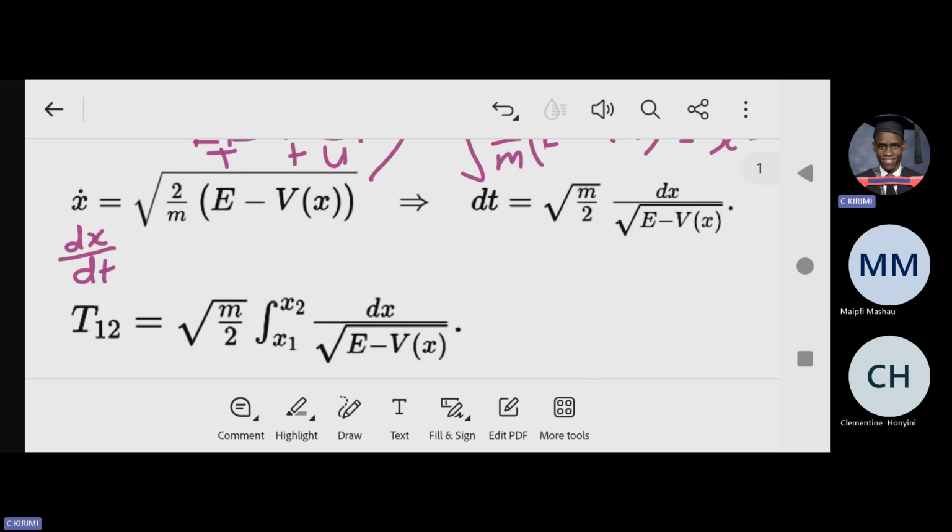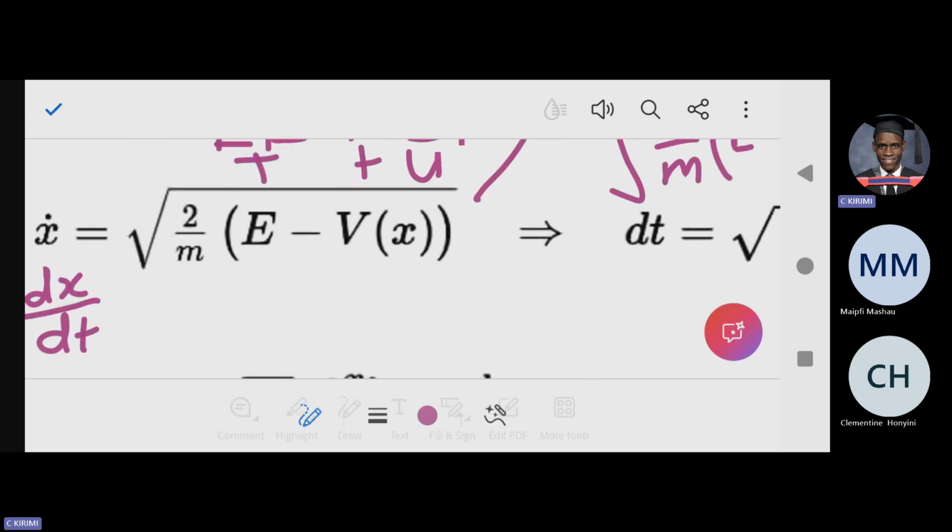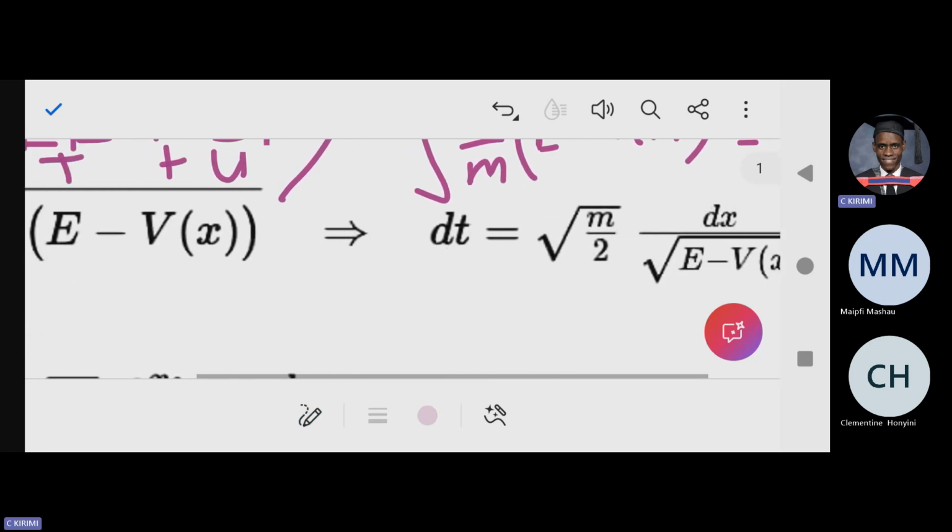If you want to make dt the subject of the formula, you are dividing everything by the square root, so that dt and dx are on the other side. dx/dt is equal to this, the square root. If I want dt, it's 1 over what is under the square root sign. And if it's a fraction, it changes as well.